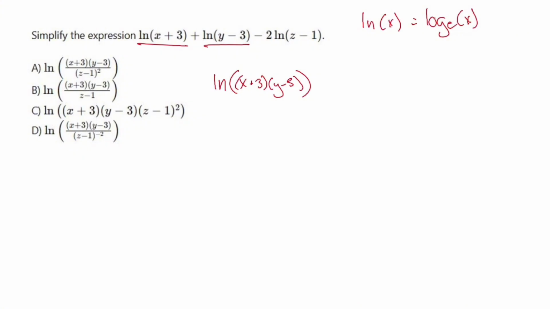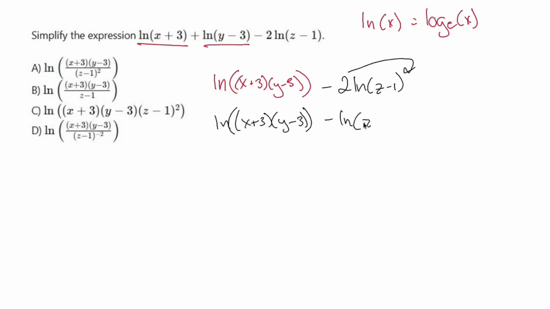Now you still have minus 2 ln of z minus 1. What I could do is leave that as is and bring that 2 up there. So you have ln of (x plus 3)(y minus 3) minus ln of (z minus 1) squared.